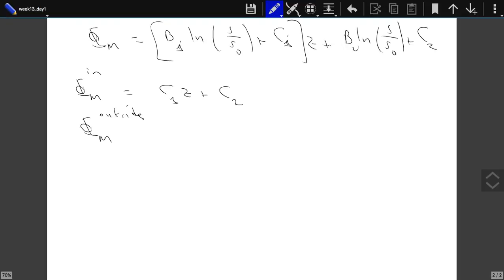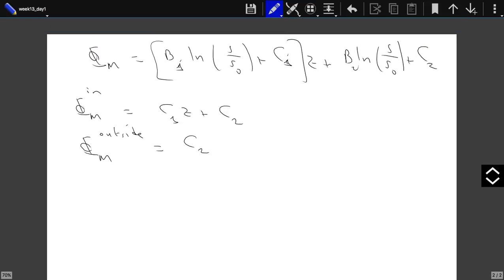Since B is constant, or 0 in fact, then this should be a constant, just C_2. Then the matching conditions. Well, we can always shift the value of phi so that we can set outside this to be 0 also.